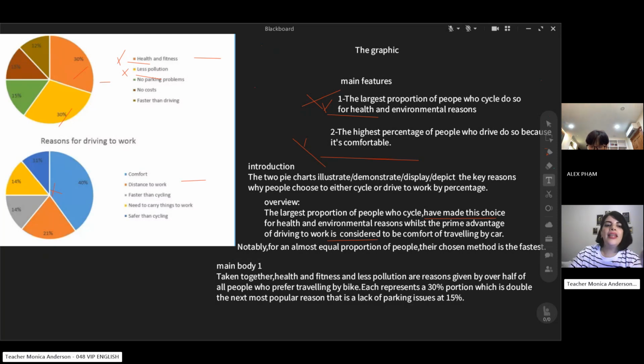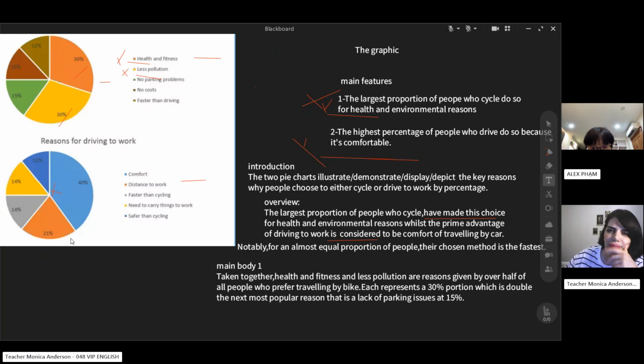Now I want to write the next paragraph. Just let me say something, Alex. There is no rule that both paragraphs should be equal. One shorter, next longer, or one longer, next shorter. It depends on the information you get from your chart.